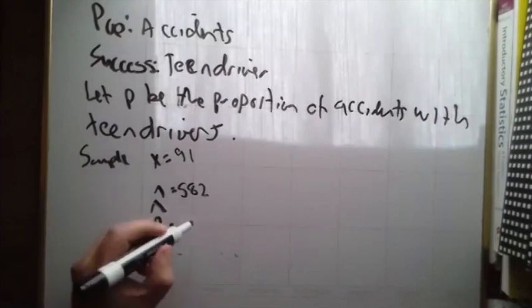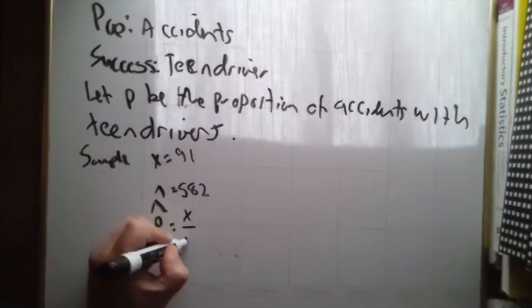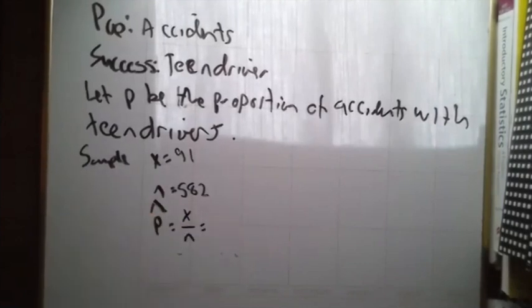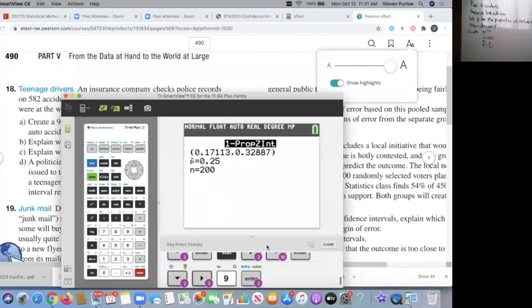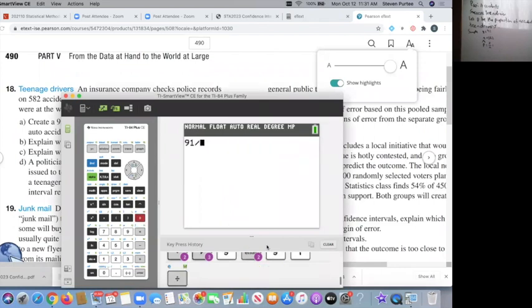Now to find P hat, that's always X over N. Let me pull up the calculator. That is 91 divided by 582. So about 15.6% of the sample accidents had a teen driver.